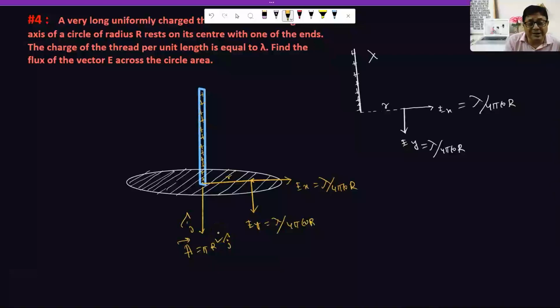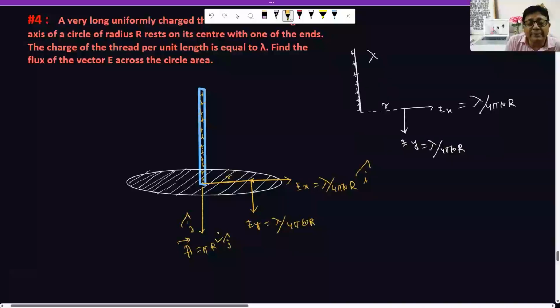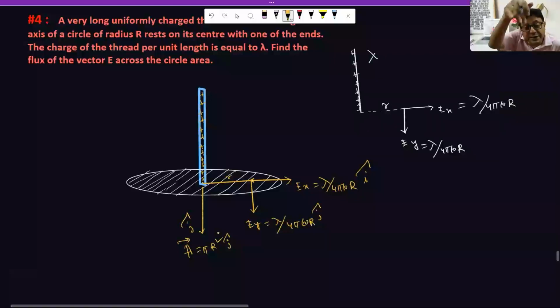We are choosing x-axis, y-axis in this manner, x-axis horizontal. So area vector is pi r square j, perpendicular. This Ex is perpendicular to this area vector. Ex is along x-axis. If you write i cap, that will be better. Ey is multiplied by j cap because it is along y-axis.